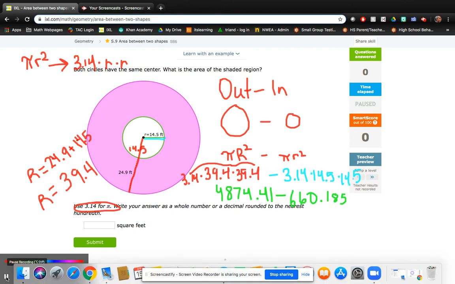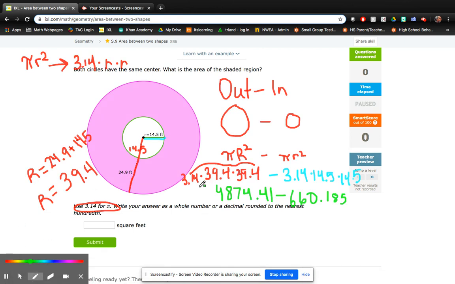Okay, when I type it in the calculator, I get 4,874.41 minus 660.185, which leaves me with 4,214.225. I want to be careful here because it tells me to round to the nearest hundredth.